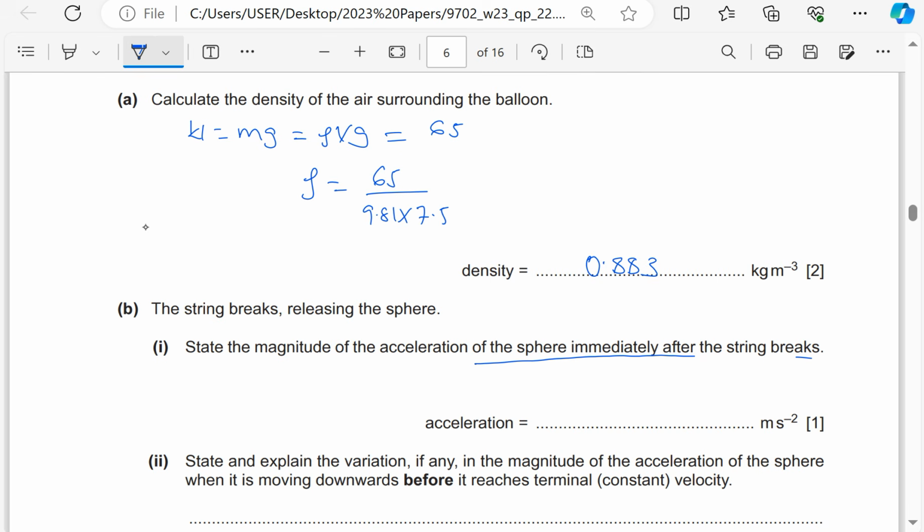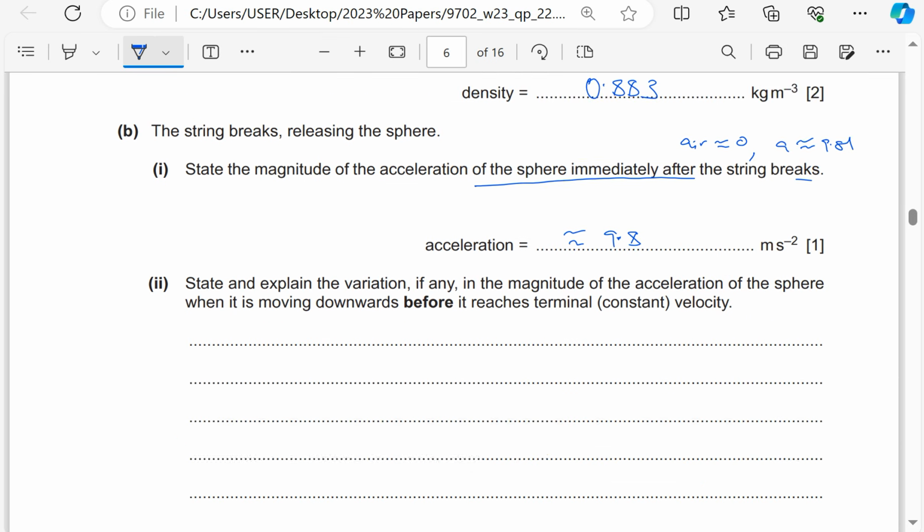So I'll just say approximately 9.8. Maybe it has started reducing, but not significant. That's why I'm saying 9.8 instead of 9.81. So immediately air resistance is approximately 0. So the acceleration will be very close to 9.81. That's why I've written 9.8.